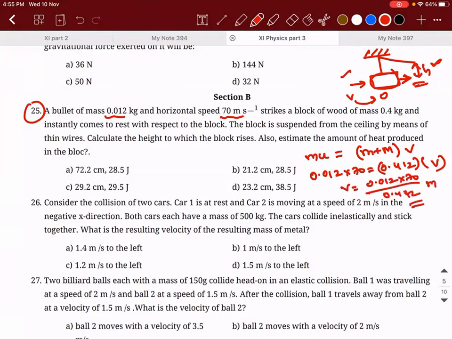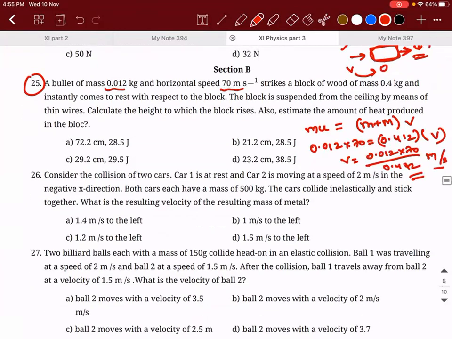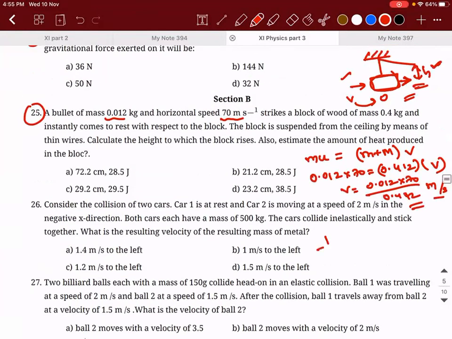So this many meters per second is the velocity with which the system is rising. Then what we should do is half into small m plus capital M into v square is equal to small m plus capital M into g into h. This and this will anyway get cancelled because the bullet is still inside the block. Now take this v and substitute it here. That will give you the value of h.